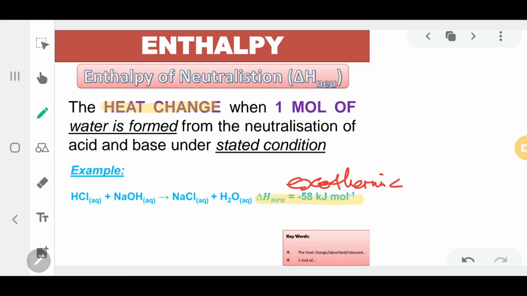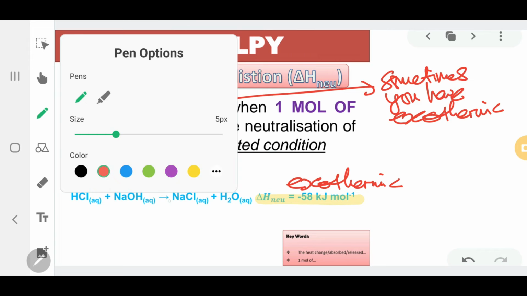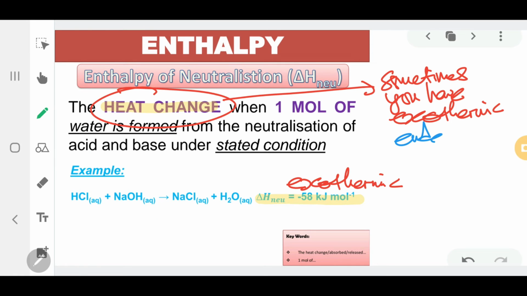But do remember, if you have the word heat change, sometimes you have exothermic or endothermic. It all depends on what type of acid and base you're going to be mixing together, that's when you're going to get either an exothermic or endothermic reaction.